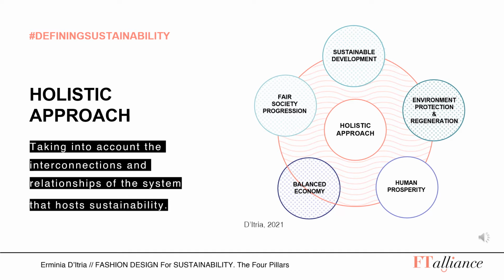As you can see from the scheme, sustainable development in a holistic system is interrelated with environmental protection and regeneration, human prosperity, balanced economy, and fair society progression. The union, the interconnection of all these dimensions can allow us to design a prosperous and sustainable future.